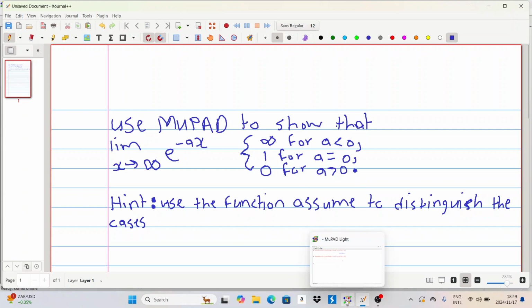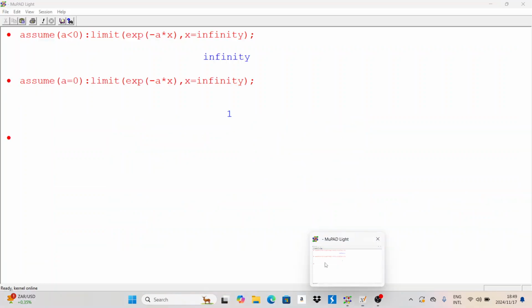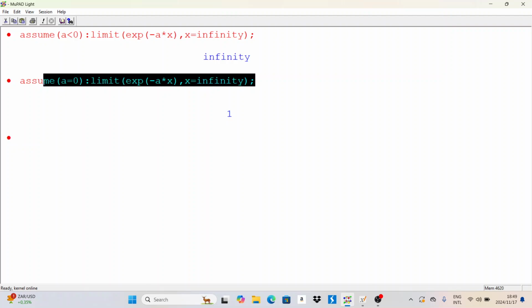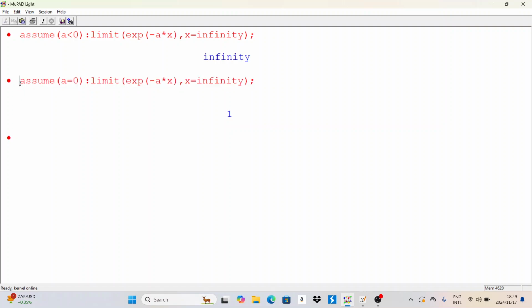So let's continue with our last part. For the last part, we can copy again this assume function, Control C, then Control V, then we paste. But now instead of less than 0, we're going to say greater than 0.